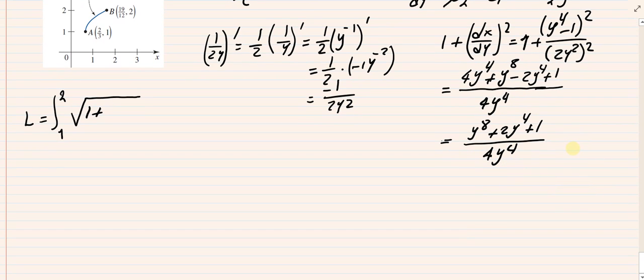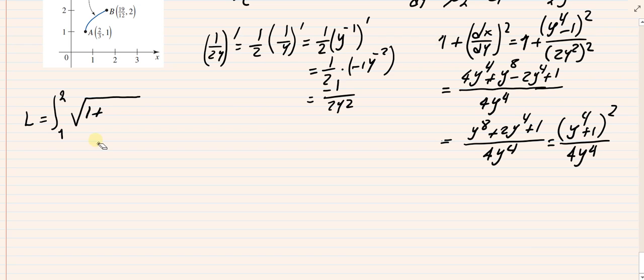Now the numerator can actually be written as (y to the 4th plus 1) squared divided by 4y to the 4th. So that's the entire expression, 1 plus (dx/dy) squared.